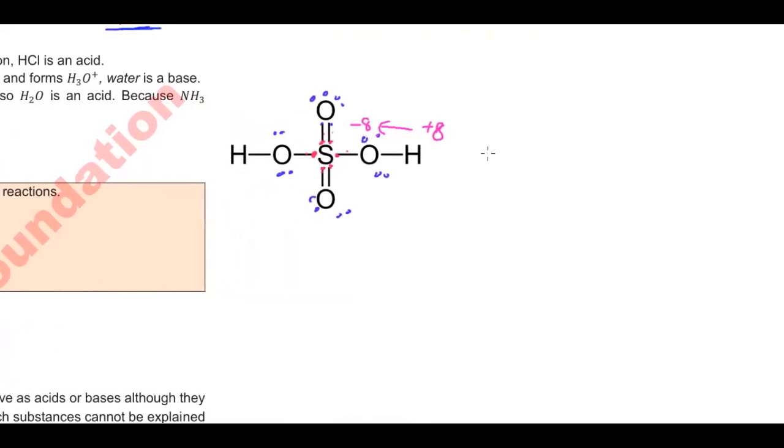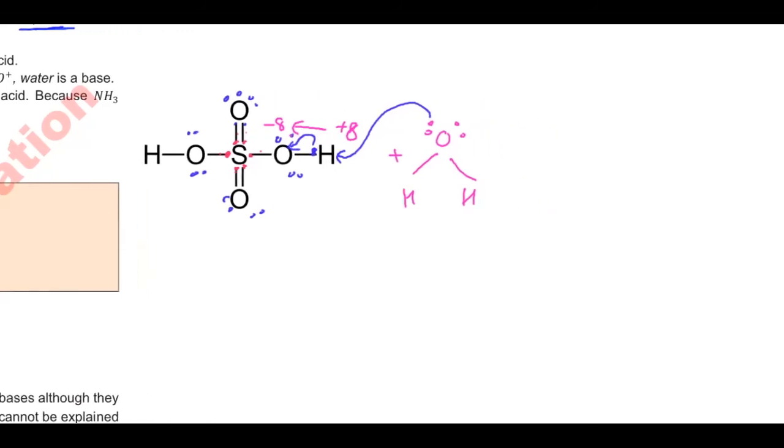If you react this with a water molecule, water has a lone pair of electrons. This lone pair of electrons will attack this partially positively charged hydrogen atom, and the electron of hydrogen will be shifted toward the oxygen atom, and resultantly we will get what? First of all, we will get the formation of hydronium ion.